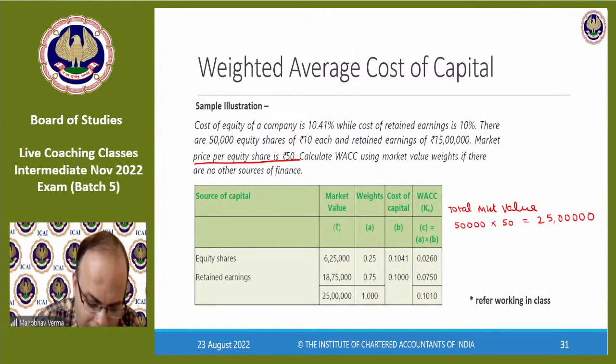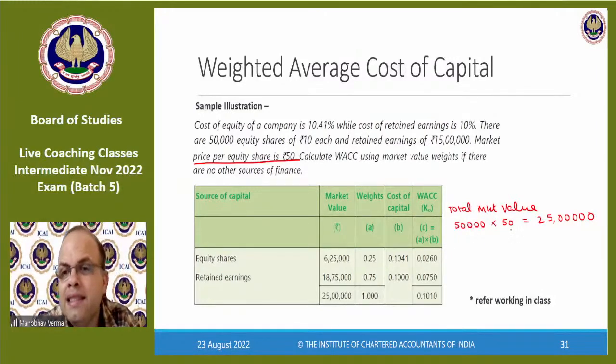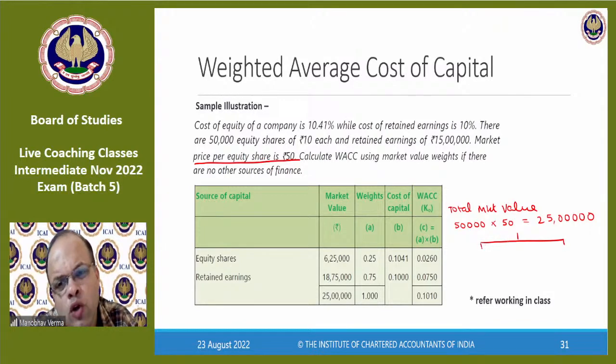Okay. So guys, 25 lakhs. Do you guys agree? This is the market value, but this includes equity plus retained earnings. Do you agree? And what are the equity and retained earnings book values given to us?